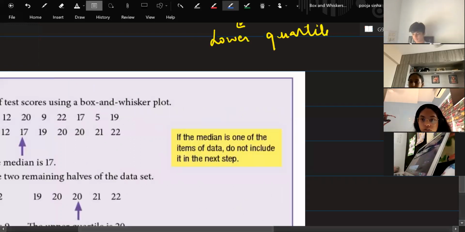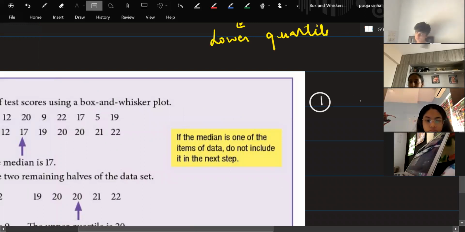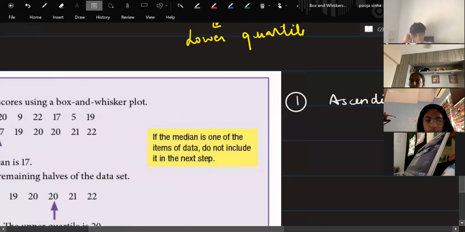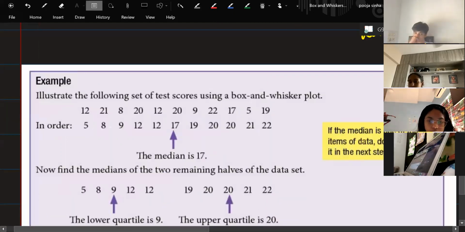Right. So first thing that you need to do is put the things in ascending order. Step 1, ascending order. Step 2, what will you do now? Once you put in ascending order, can you see the numbers here? 5, 8, 9, 12, 12, 17, 19, 20, 20, 21, 22, right?